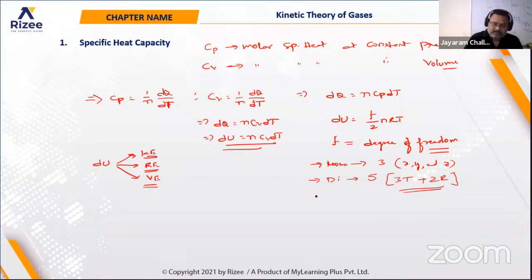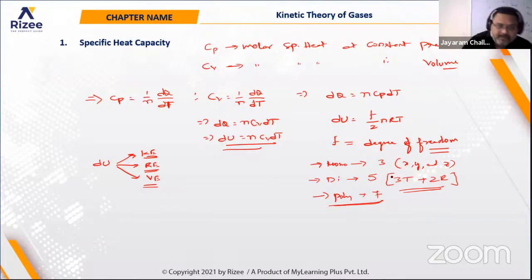For a polyatomic gas, the degrees of freedom we can take as 7: 3 translational, 2 rotational, and 2 vibrational degrees of freedom.